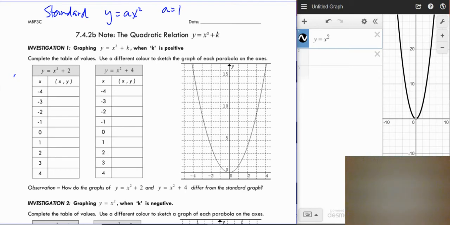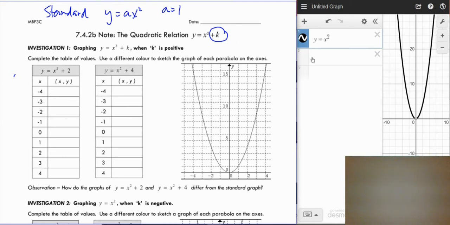So in this new part of the note, we see that we've added something here, a k. Okay, and we're going to see what k does to make a change.